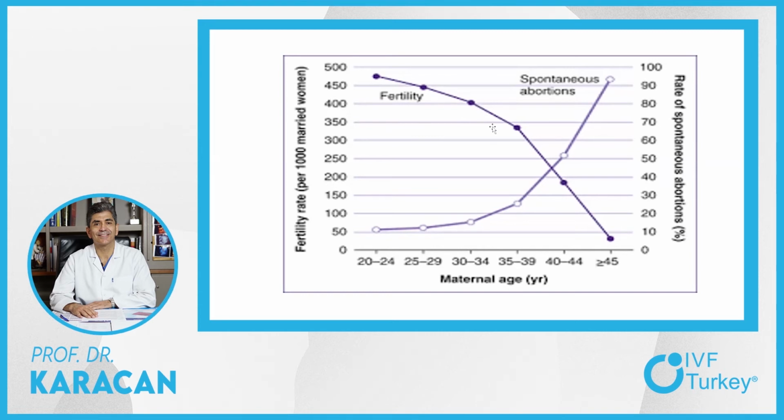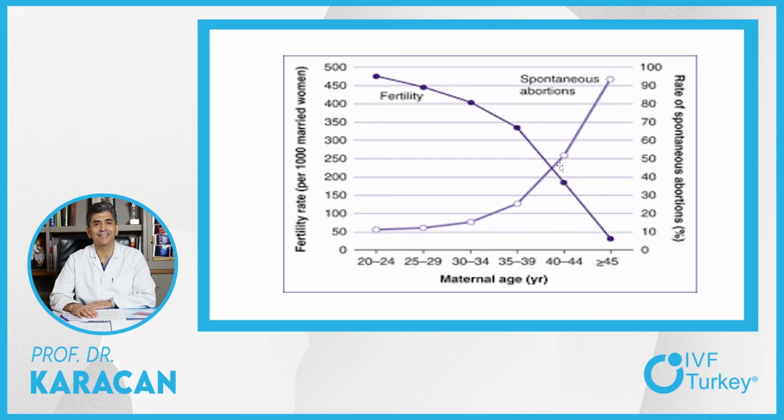As age gets older, the fertility potential decreases significantly, dropping almost to zero after the age of 45. The rate of miscarriage, the rate of spontaneous abortions, gets significantly higher after the age of 40. Almost 50% of pregnancies in women over 40 end up as miscarriage.